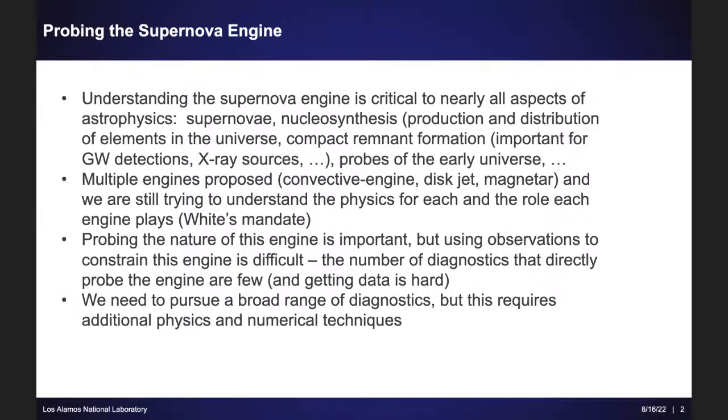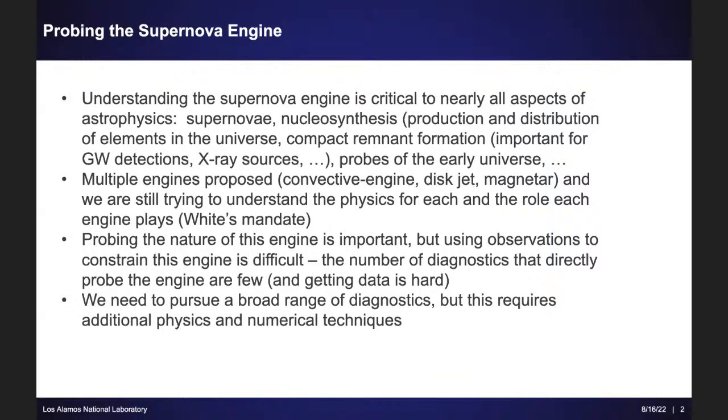So how do we actually know? The problem is that the most direct diagnostics of what's going on deep in there are things like gravitational waves and neutrinos, and those are hard to obtain. They're just rare. So we have to end up using other diagnostics, and the other diagnostics tend to be indirect, which means that we can't just get away with doing the supernova engine calculations.